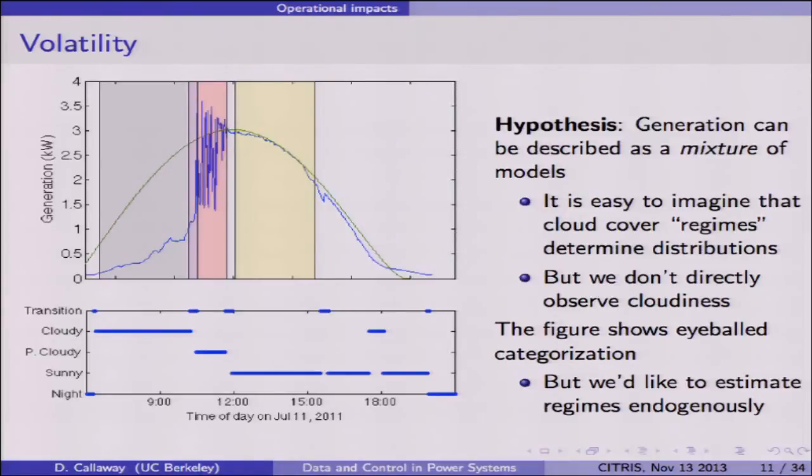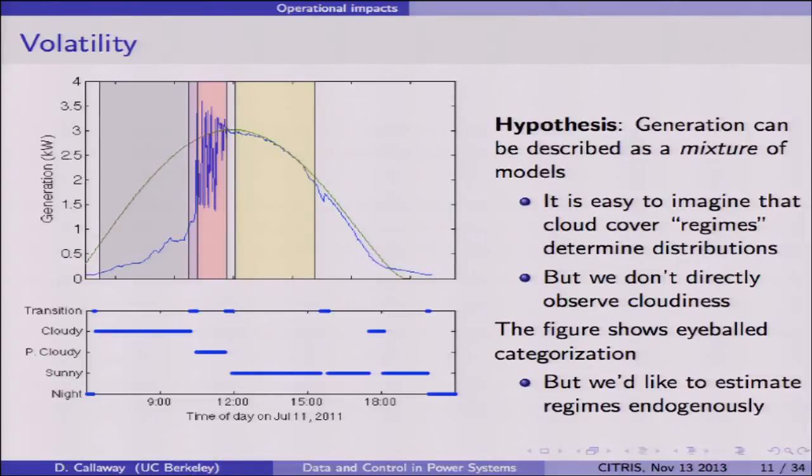This is basically a rule of thumb we use to figure out when it is cloudy, partly cloudy, or sunny. But what we wanted to do with the model, and this is Michelangelo Tibone's work that I'm talking about now, and it was his idea, is to estimate endogenously to the model estimation process the probability of being in one of these particular states.